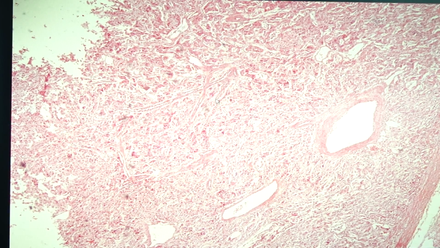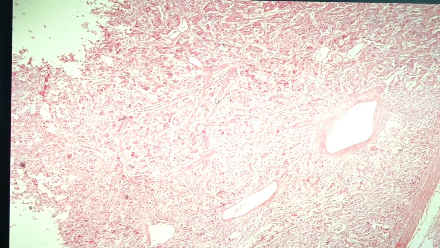Of course you have to look into the majority of cases. 90% would be found in the adrenal medulla. 90% are benign. 90% would present with hypertension. So that's the clinical finding that you would always look for.